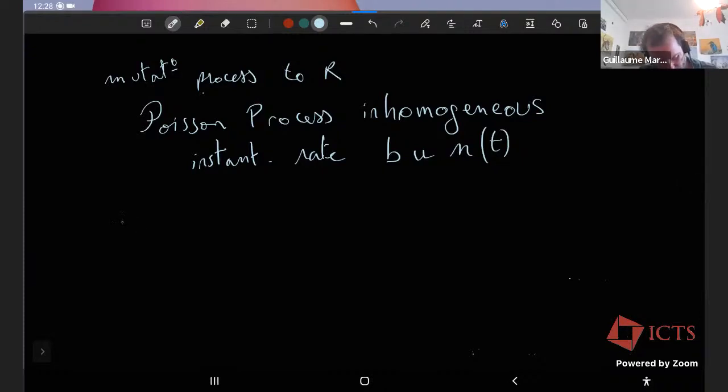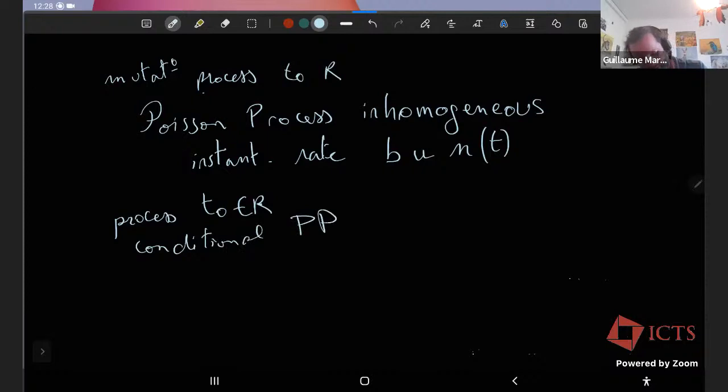Now, the same process to ER is a conditional Poisson process. It's conditioned on establishing. And we know that because of that, this is a Poisson process too, with rates.